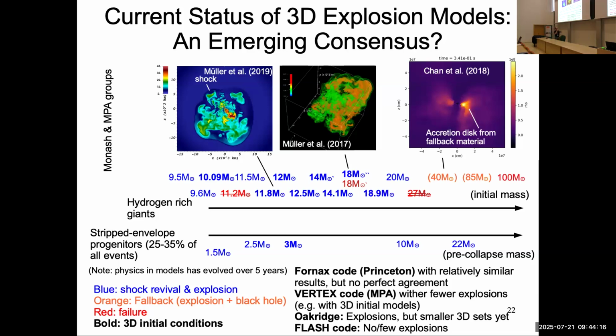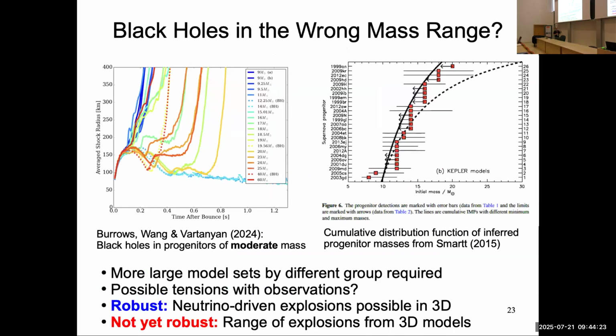So I think we're at a stage where the fair thing to say is we're able to account in principle for neutrino-driven explosions, but I would be very, let's say, careful in saying any definite things that we already know.